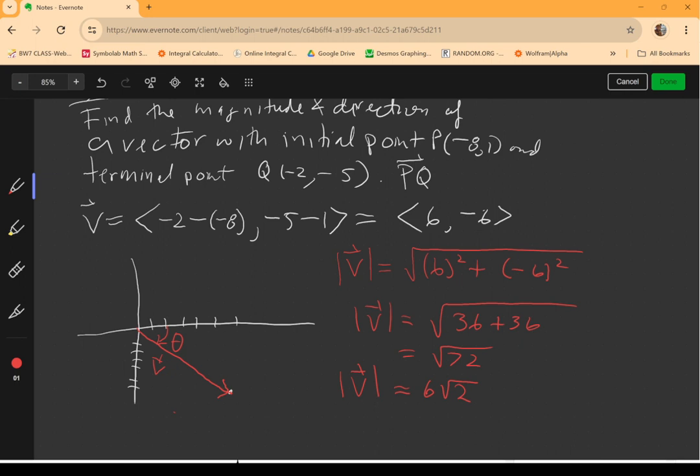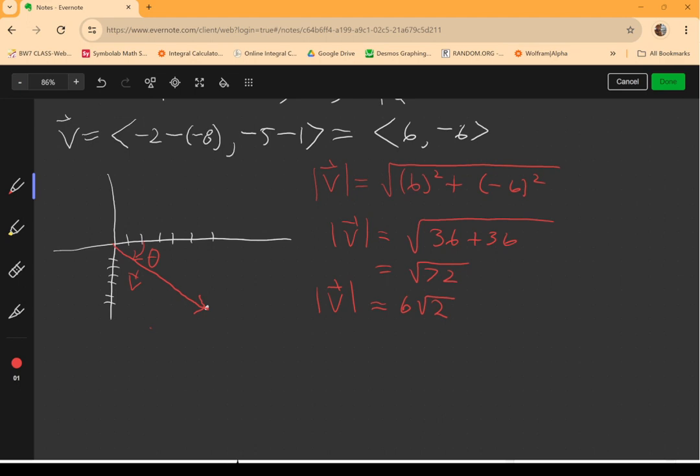Now let's take a look at the direction, which is the angle here. My right triangle trigonometry is going to come into play. I know this value is x1 and this value is y1, so I can relate the tangent of theta to y1 over x1.